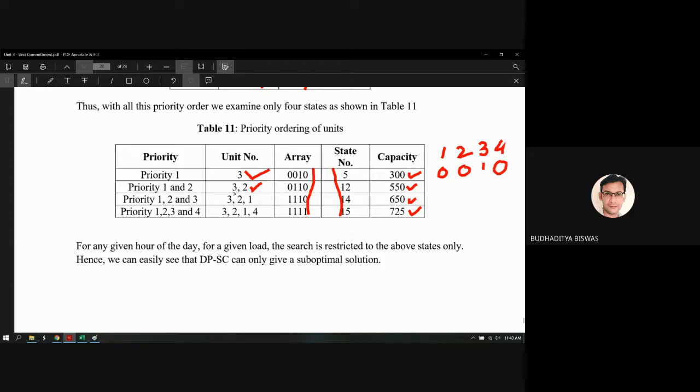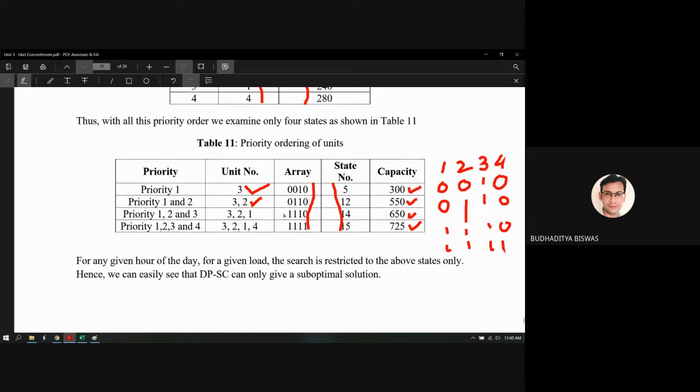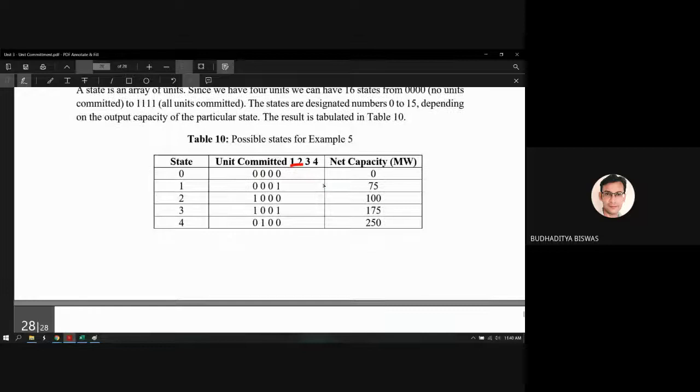If units 3 and 2 are committed, then this is 0, 1, 1, 0. If units 3, 2, 1 are committed, then 1, 1, 1, 0. And if all the units are committed, then it is 1, 1, 1, 1. And the array number is from this particular table. Array number is based on their increasing generating capacity.